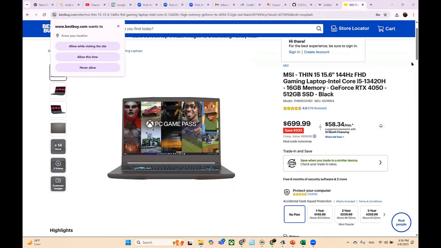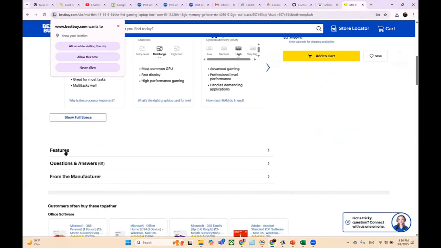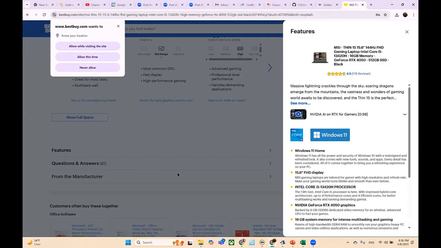And then let's go down to the spec. There is a feature, and it's an Intel Core i5 CPU. They have up to 4 performance cores and 4 efficient cores, so totally 8 cores.